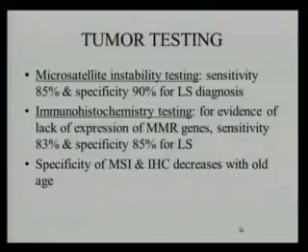Always remember the specificity of MSI and immunohistochemistry decreases with age because they develop a lot of other genetic mutations. So some experts suggest if the patient is older than the age of 70, it may not be accurate to check for those.